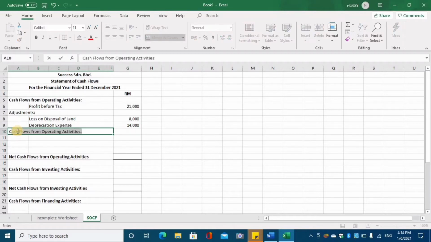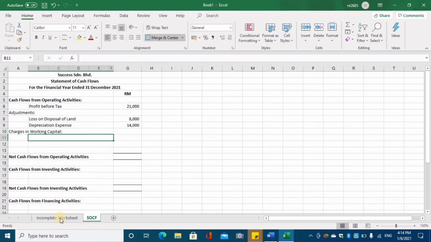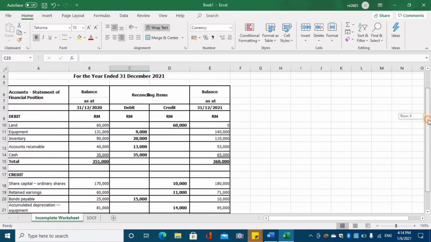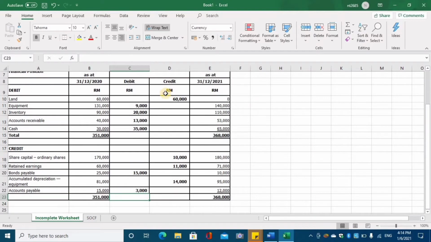Next is changes in working capital. Changes in working capital for operating activities, we just take from inventory, accounts receivable and accounts payable.